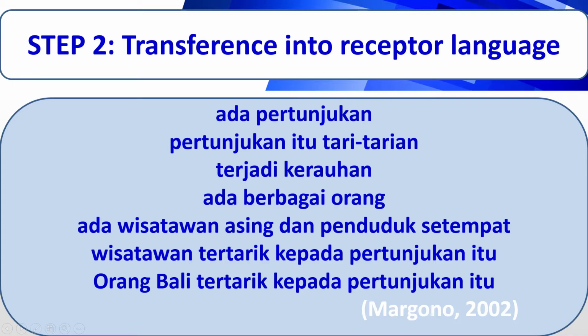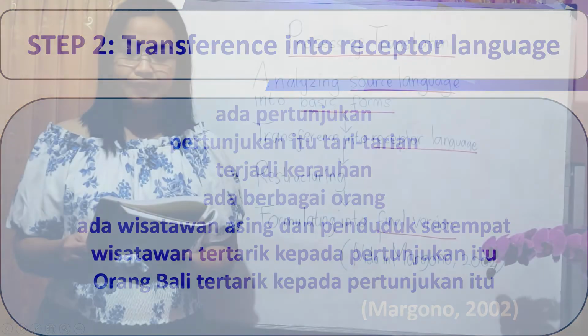And ada berbagai orang for the translations of there were many people. Ada wisatawan asing dan penduduk setempat, wisatawan tertarik kepada pertunjukan itu, orang Bali tertarik juga kepada pertunjukan itu.